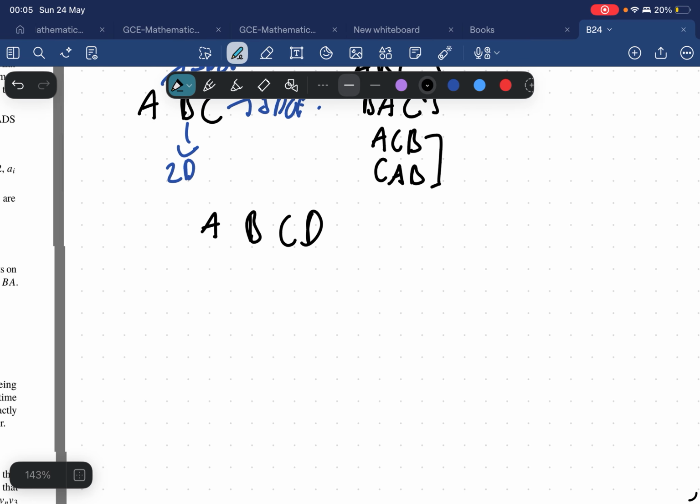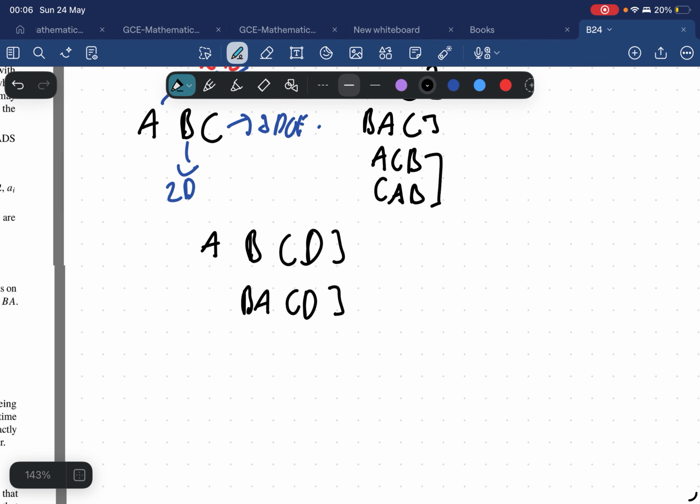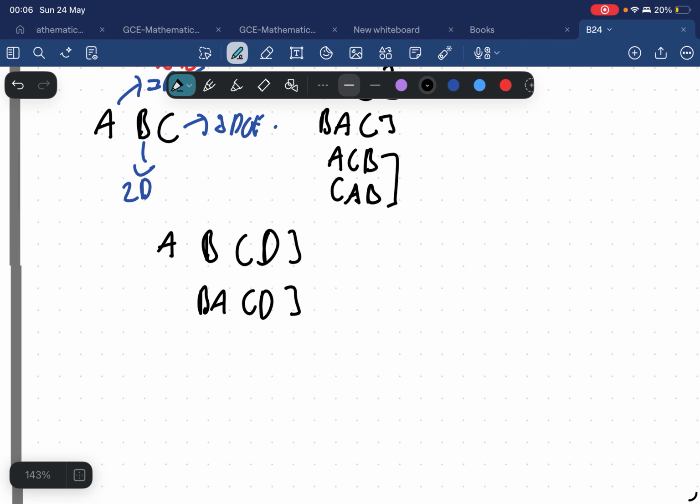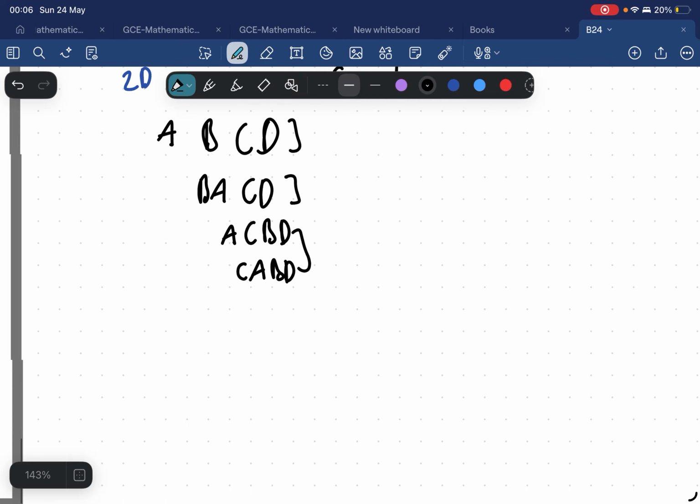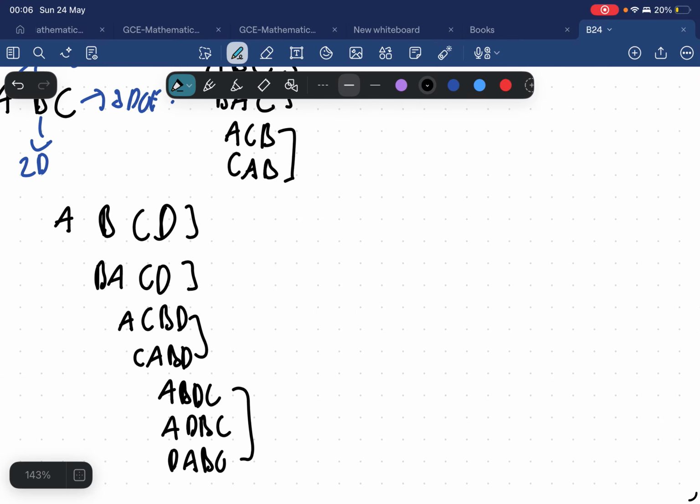So again, if we do 4, A, B, C, D, that's 1, then we have B, A, C, D, it's also 1. Oh yeah, then we have, I was thinking of the case, but then I can't for that. Anyways, this is A, C, B, D. We have C, A, B, D. We have A, B, D, C, A, D, B, C, D, A, B, C. As you can see, there's already a pattern forming.